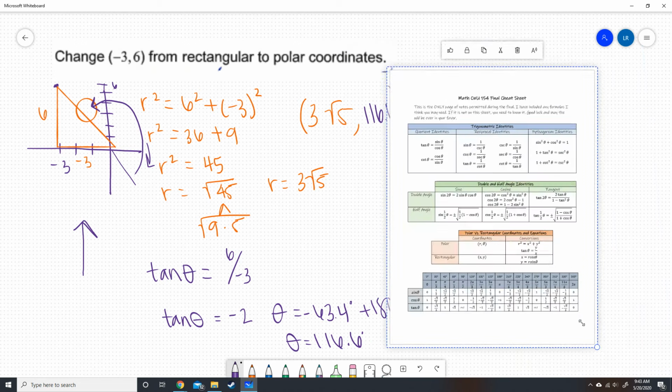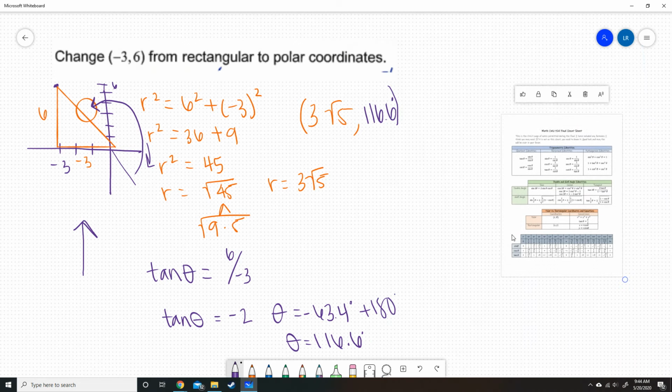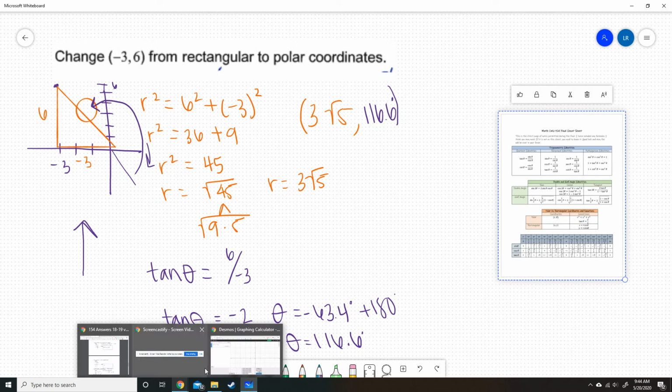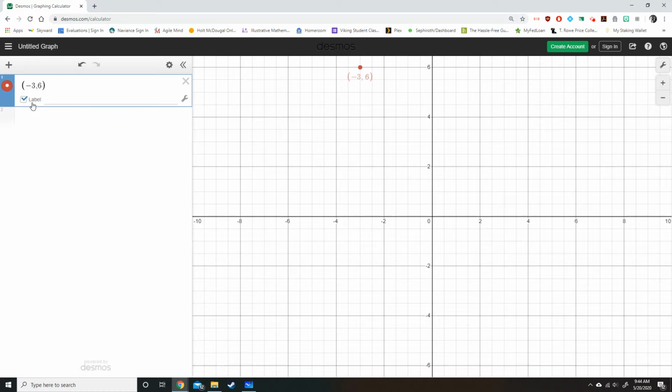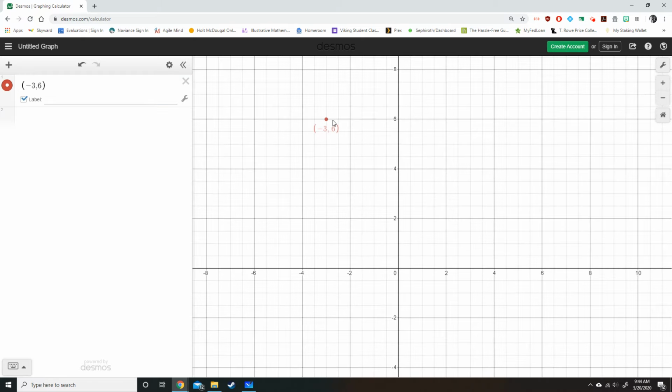We could definitely check our work on Desmos. If I were to go to Desmos, I want to first put in the ordered pair that we had, which was -3, 6. So there's our ordered pair.